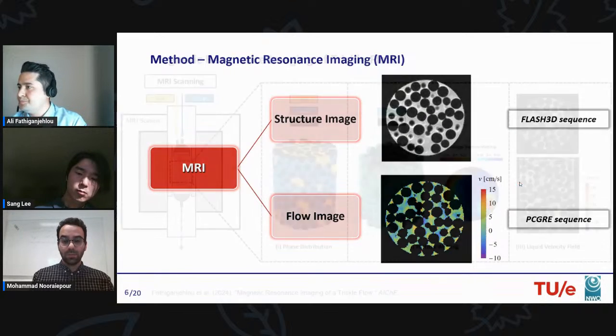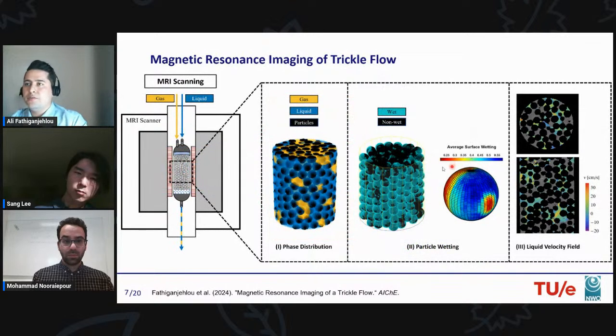In our previous work, we used MRI for investigating a trickling gas-liquid flow inside the packed bed, and we categorized the trickling flow using parameters such as phase distribution. For example, we can say how much of the column is occupied with liquid, gas, or particles.